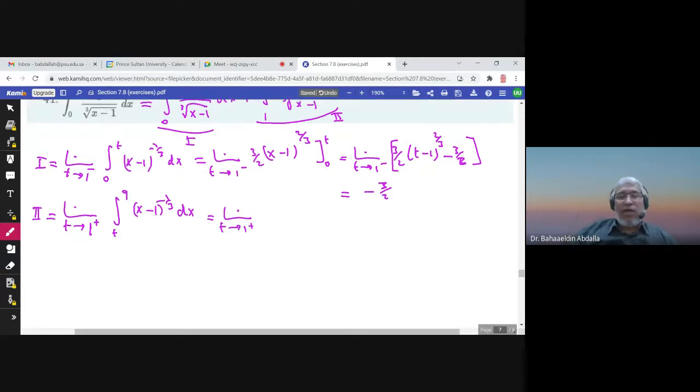So now I have from 9 to t. I will immediately replace here because it is the same integral, but replace first x by 9.